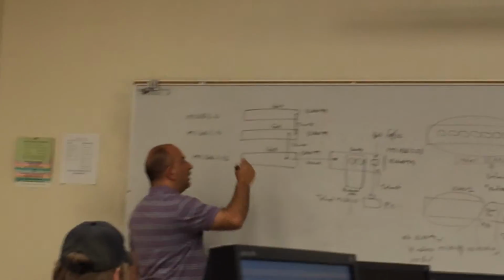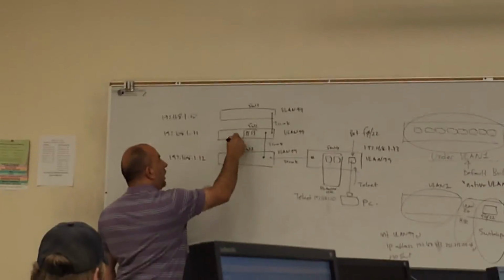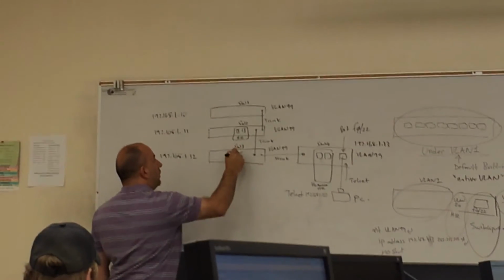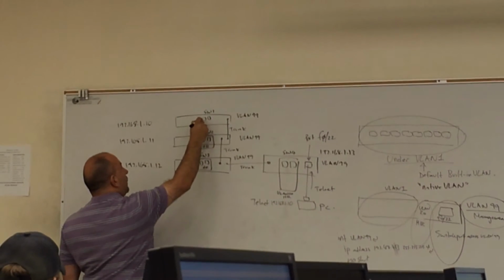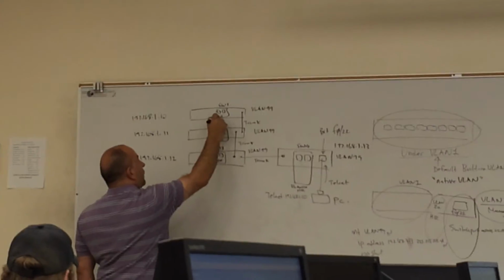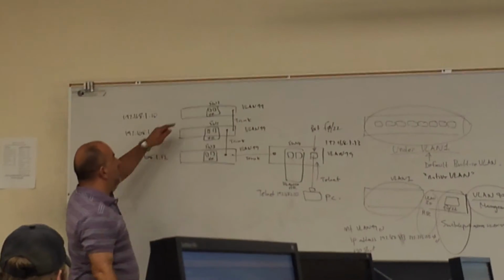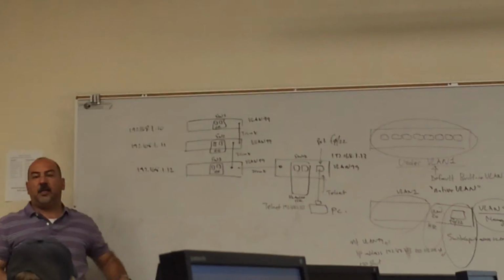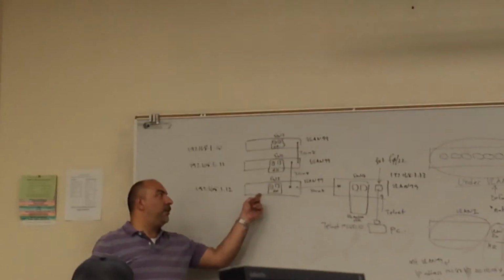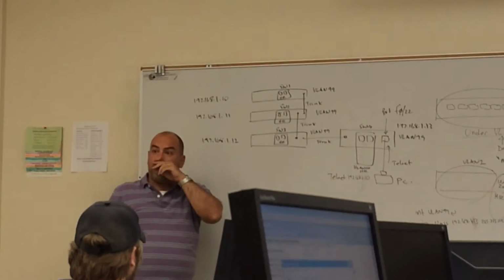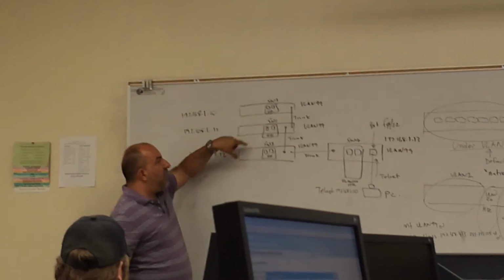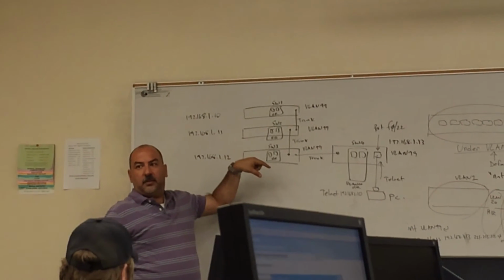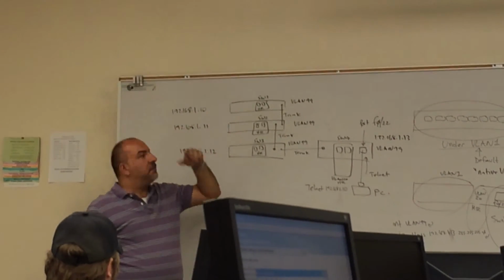Okay, and I have also here HR, and here HR, and here HR, and let's say for example, each one of these switches is in a building, each on a different floor. So these people are all on the same network on different floors.